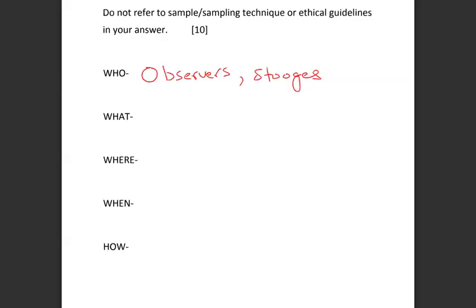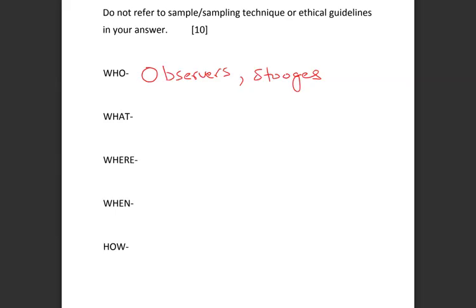Like, for example, in Piliavin, the victim was male, the victim was young, dressed casually. All this information was not set for no reason. It was set for a particular purpose, which was to control possible confounding variables. Similarly, over here, if you need to put a stooge, mention what the role of the stooge would be and talk about any important features of the stooge that are relevant to the study.